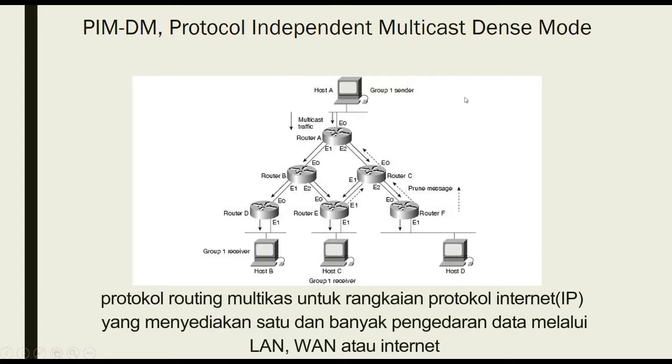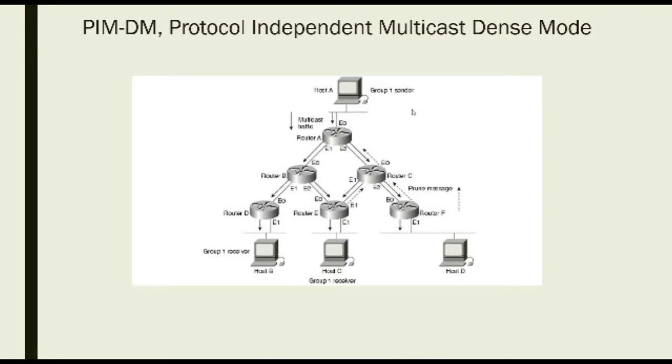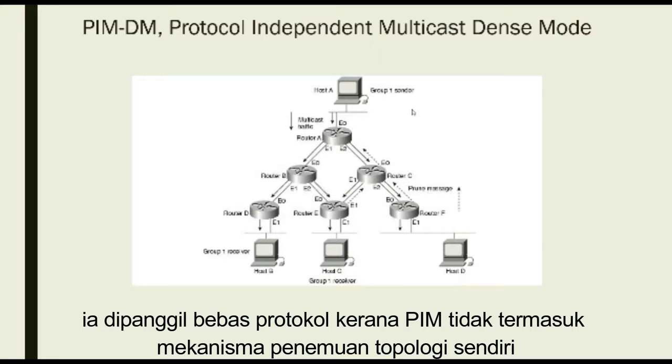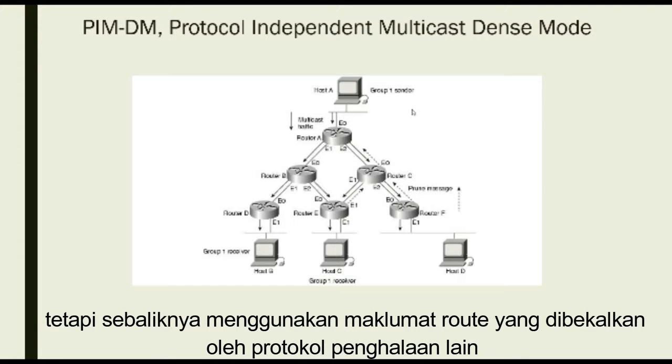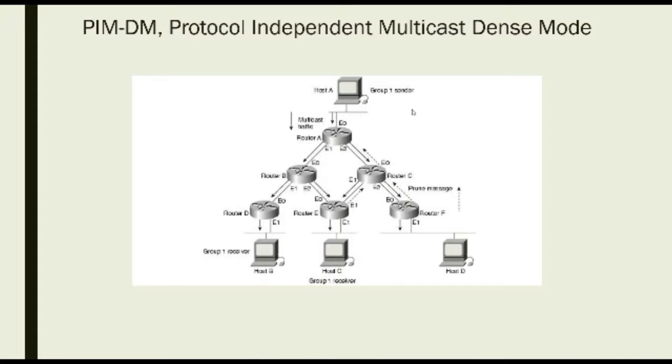Protocol Independent Multicast (PIM) is a family of multicast routing protocols for Internet Protocol (IP) networks that provide one-to-many and many-to-many distribution of data over a LAN, WAN, or the Internet. It is termed protocol independent because PIM does not include its own topology discovery mechanism, but instead uses routing information supplied by other routing protocols.